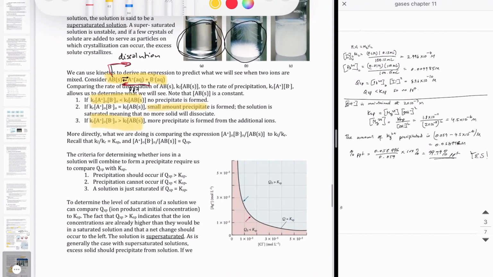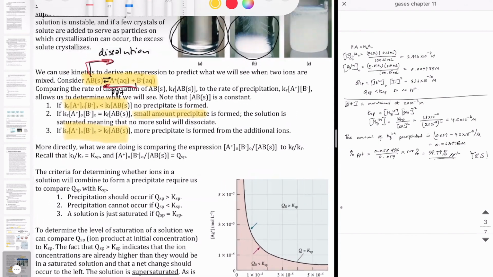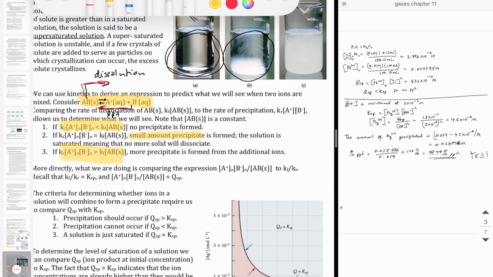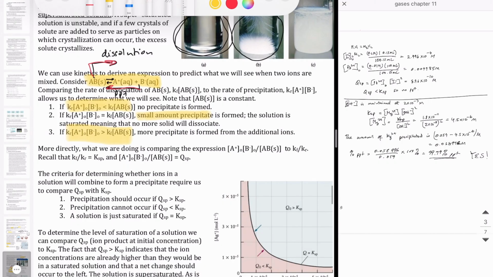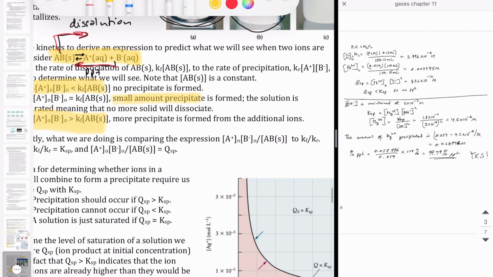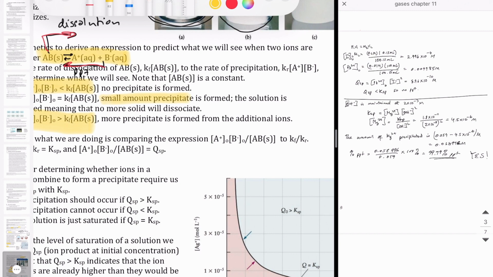Instead of using rates, we can also use equilibrium constants, since we're analyzing a point where the reaction reaches equilibrium, which is when no more precipitate can dissolve in the solution. So instead of comparing 2 rates back and forth like what I just did, you can remind yourself that the rate of forward and reverse reaction could be connected to the equilibrium constant by using a relationship we learned a while ago in kinetics when we talked about elementary reactions.